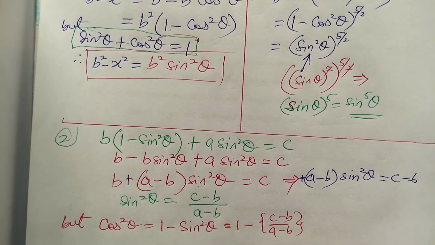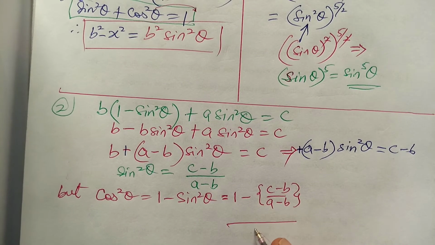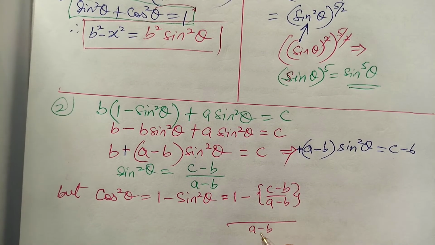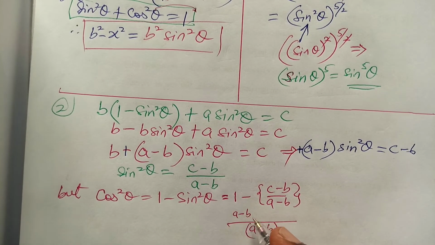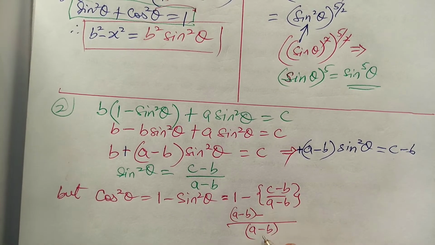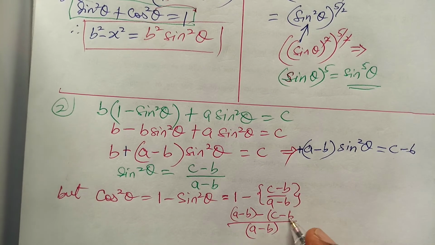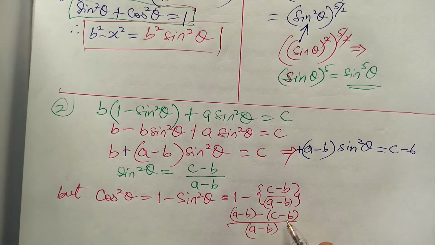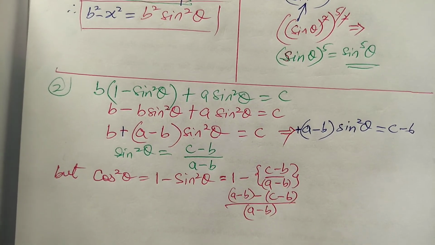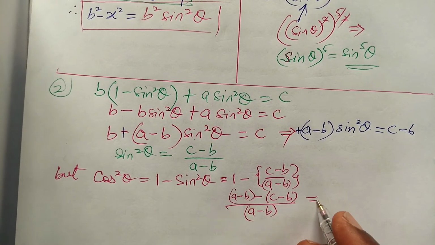The LCM will be a minus b, so we have a minus b minus c minus b, all over a minus b.